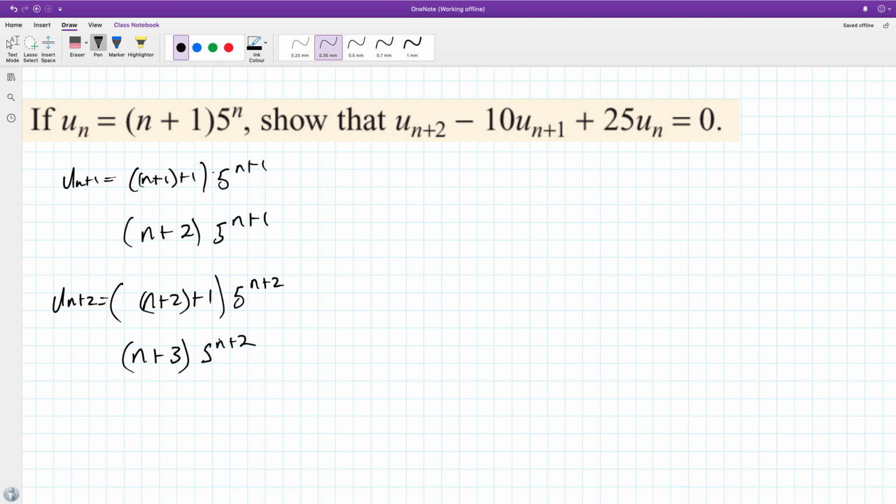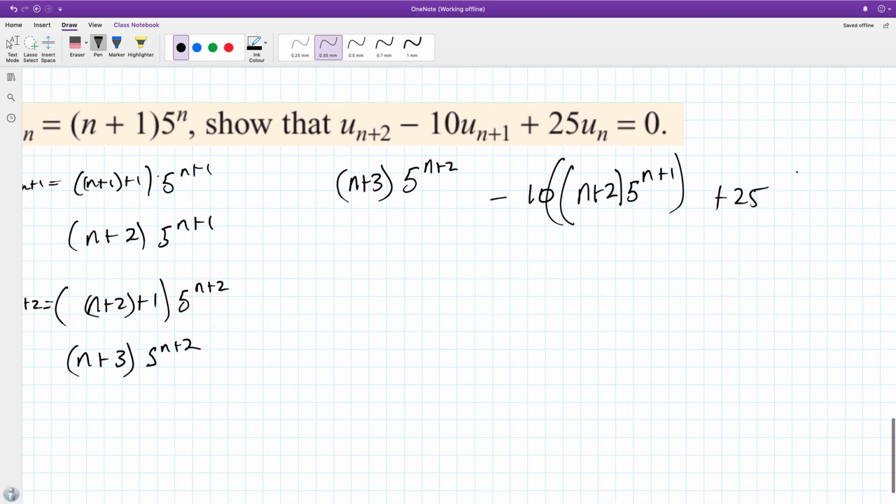Is that okay? Then u n plus 2 is n plus 3 times 5 to the power of n plus 2, minus 10 times n plus 2 by 5 to the power of n plus 1, plus 25 times n plus 1 by 5 to the power of n, and that should be all equal to 0.